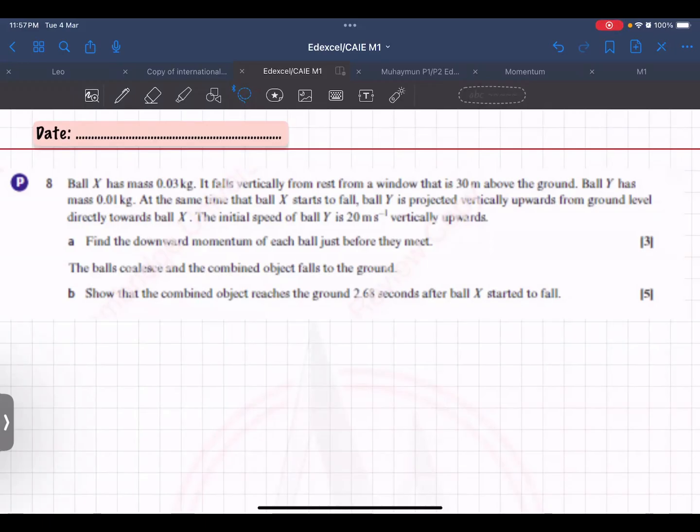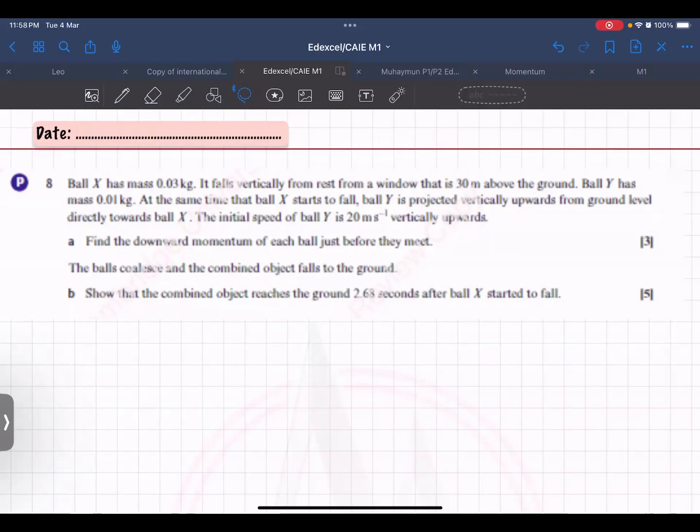I used s equals ut plus half at squared, because if we add both distances, the distance of y and x, the total is 30. Initially, yes. So I found Sx, which was 5t squared, and the distance of y, which was 20t minus 5t squared. Then I added Sx plus Sy, which is equal to 30.